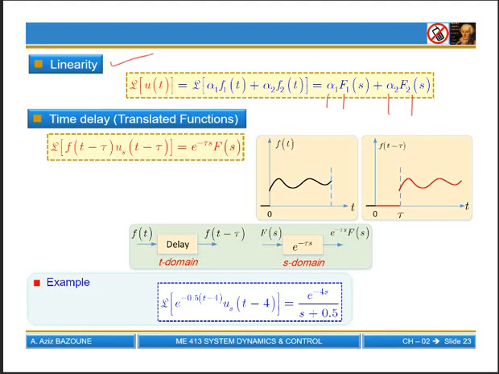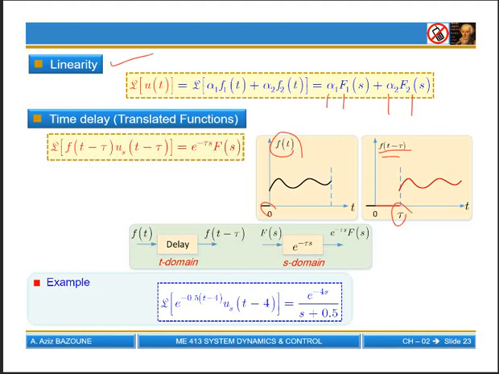The time delay or translated function: you have a function f of t that starts at time t equal to 0, and the same function shifted in time so that it starts at t equal to tau. For the time delay function, just take the Laplace transform F of s and multiply by exponential minus tau s.